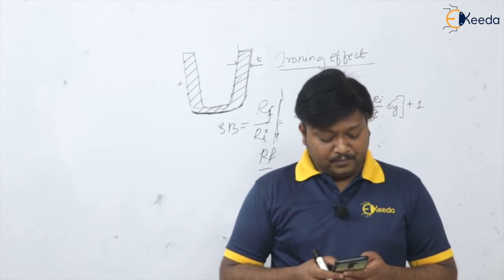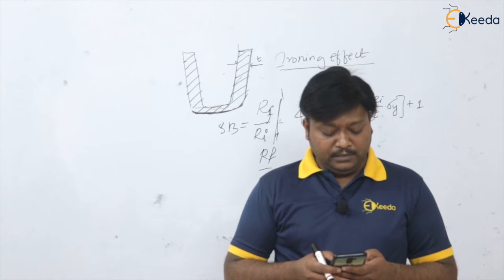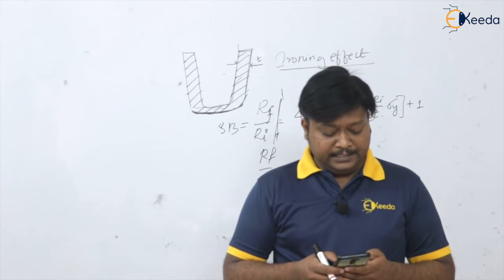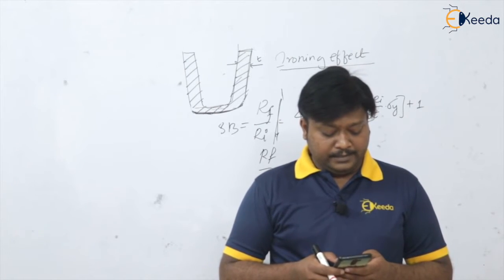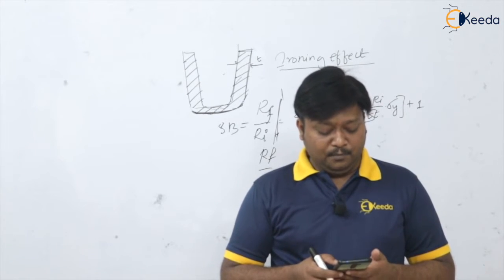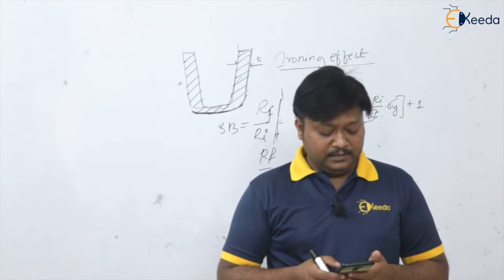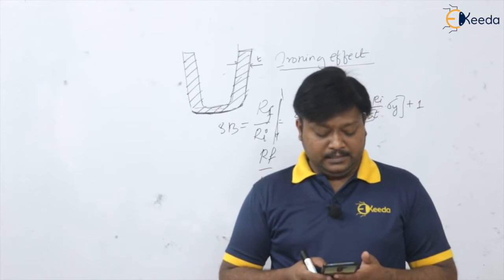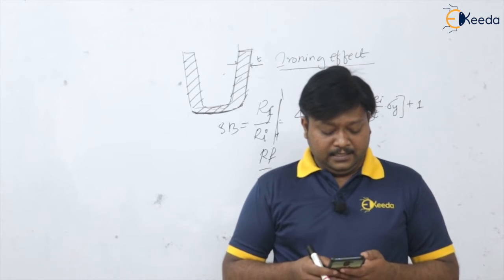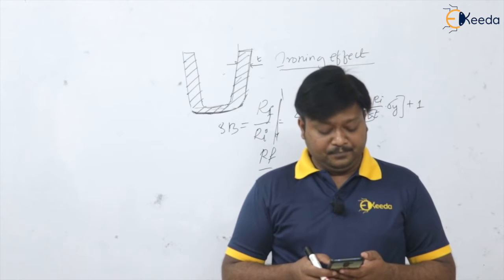Next question. In blanking operation, the best way to improve the smoothness and the squareness of the edge is to... okay, so this is very easy. Option A, reduce the gap between the punch and die.